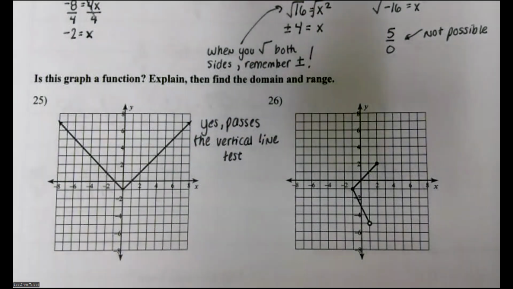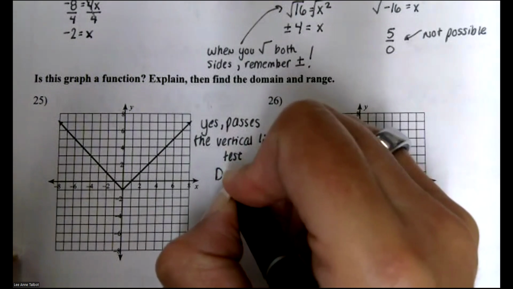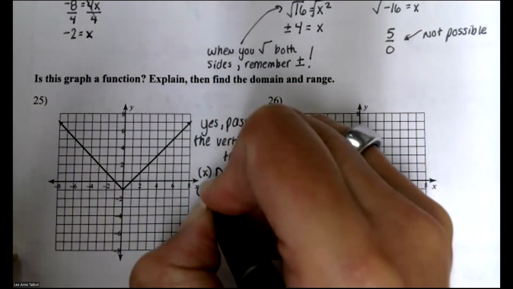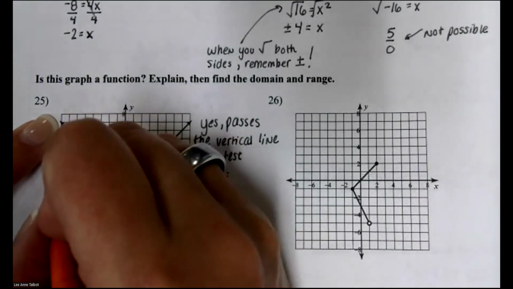But I am going to get out my orange pen that I use for domain and range. Because it's notes, I just want to put a little reminder that domain is x and range is y. And so domain is looking from left to right. And what I noticed is this graph has an arrow.